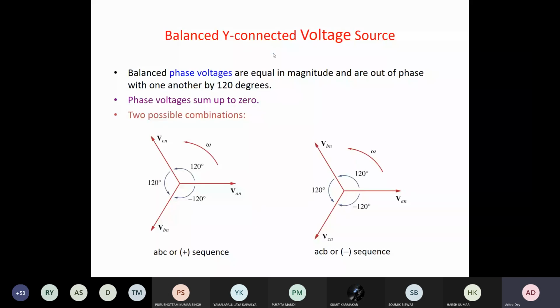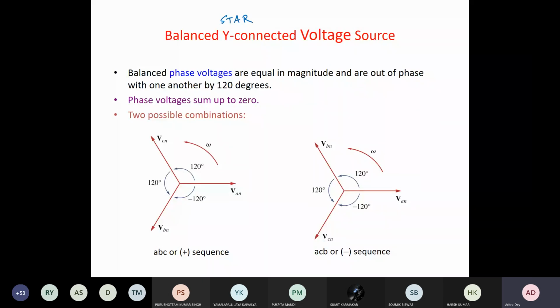So we'll go for the balanced three phase circuit and unbalanced both. So first we'll go for the balanced three-phase circuit. So balanced Y-connected voltage source. Y-connected, or we can say star connected.